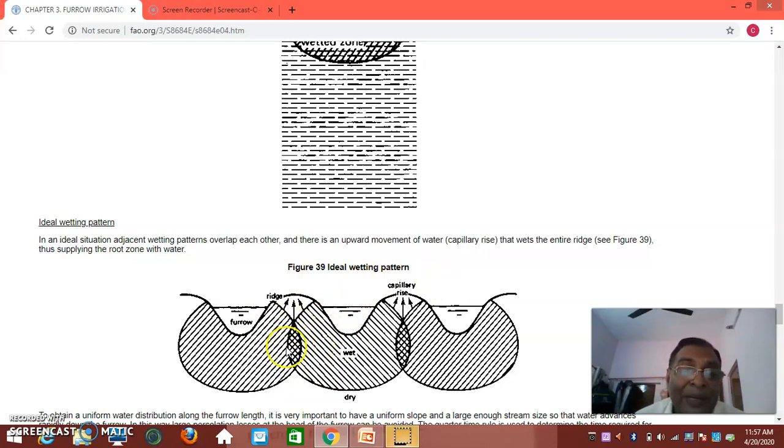This is the ideal wetting pattern. A small overlap should be there so that more watering reaches the plants, and you can utilize maximum moisture from both sides.